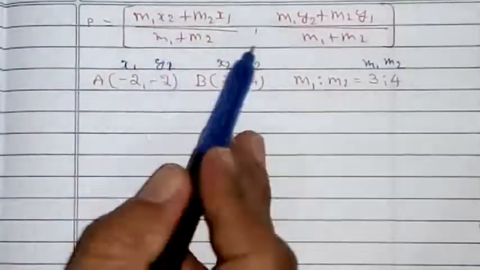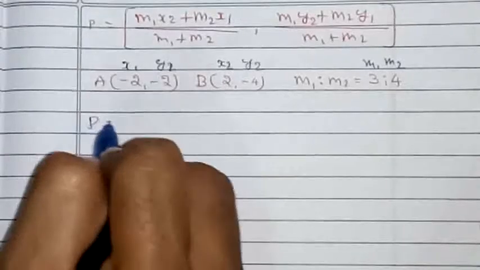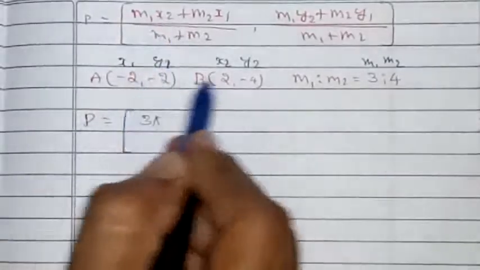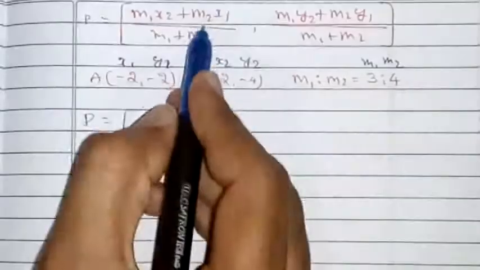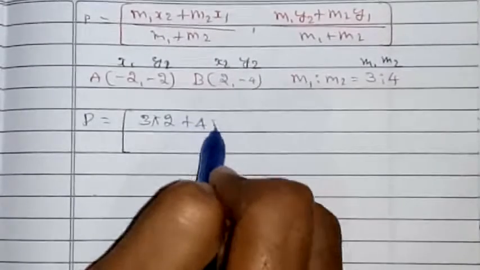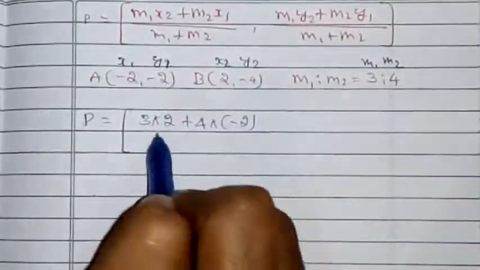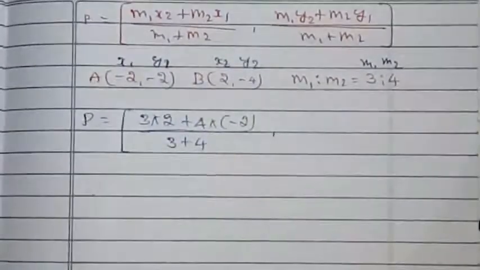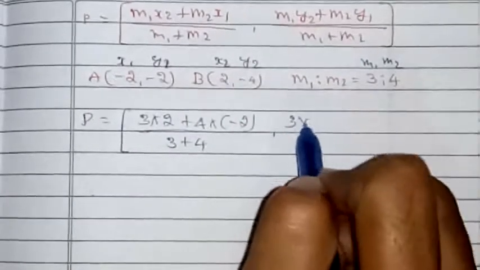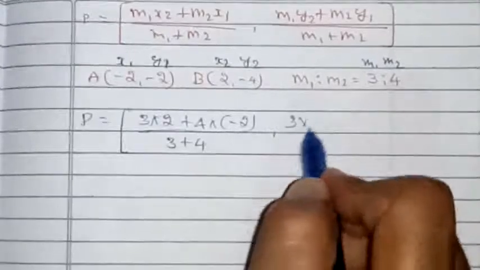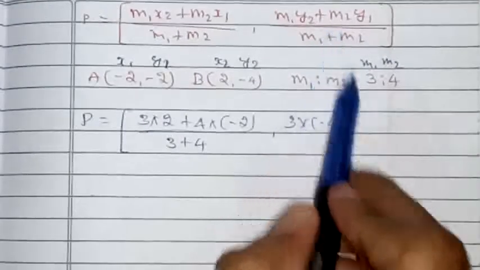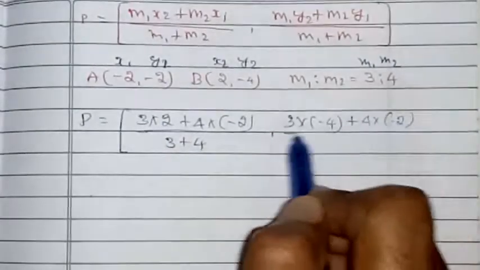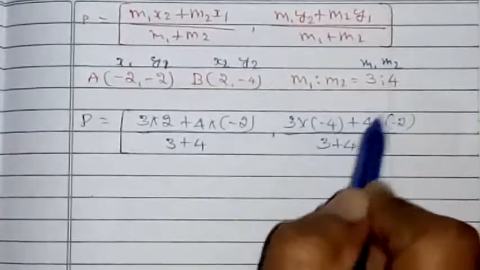Now by using the section formula, find the coordinates of P. So P equals, here m1 is 3 into x2 which is 2, plus m2 which is 4 into x1 which is minus 2, divided by m1 plus m2, 3 plus 4. Here m1 is 3 into y2 which is minus 4, plus m2 which is 4 into y1 which is minus 2, divided by m1 plus m2, nothing but 3 plus 4.